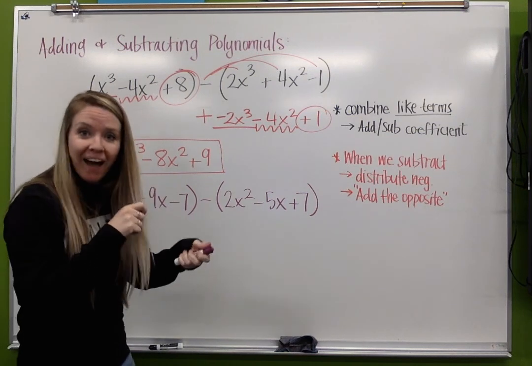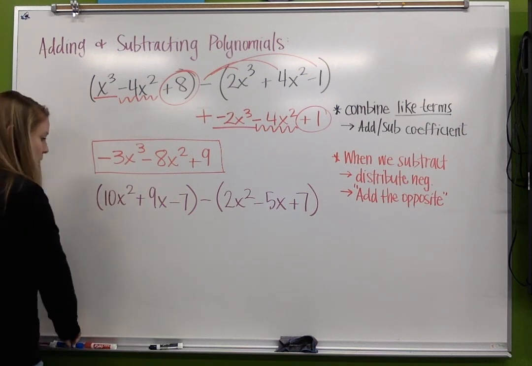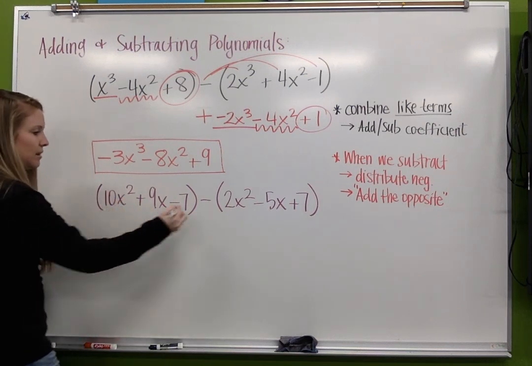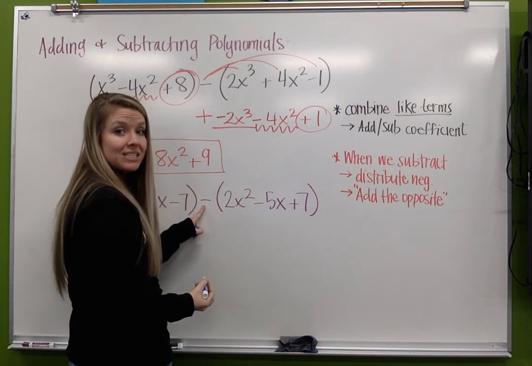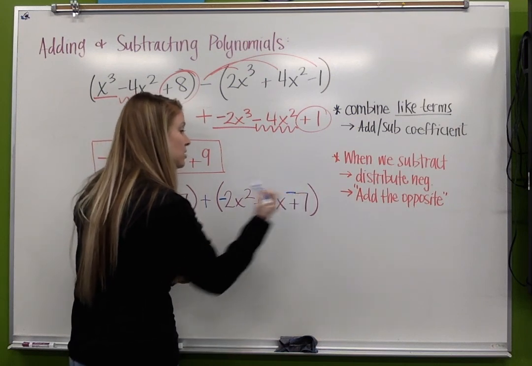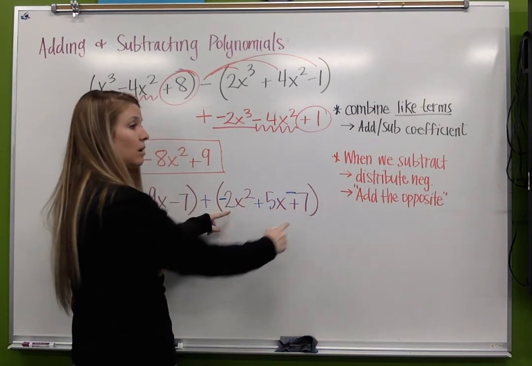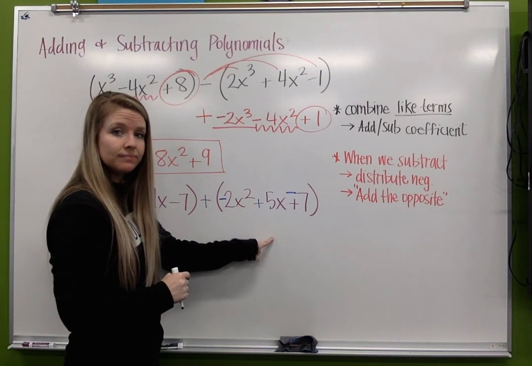All right, welcome back. Let's see the answer to this problem. So I'm going to take this negative and distribute, which is the same as adding the opposite. So I change the sign of all three terms in my second trinomial.